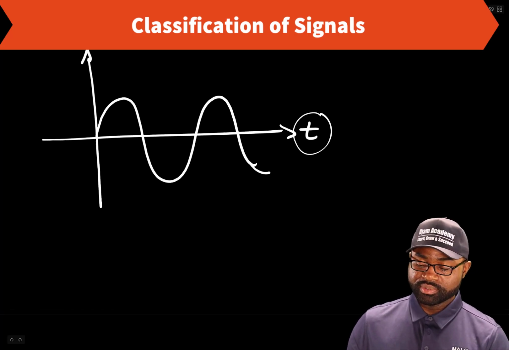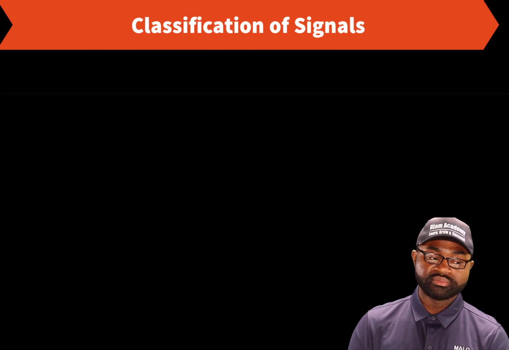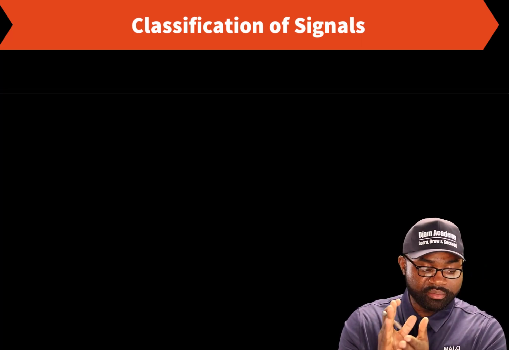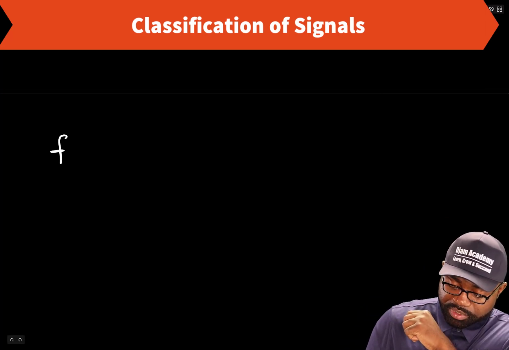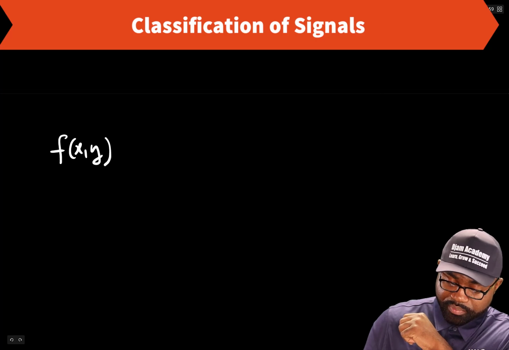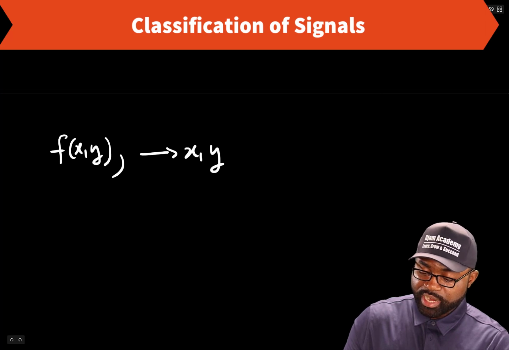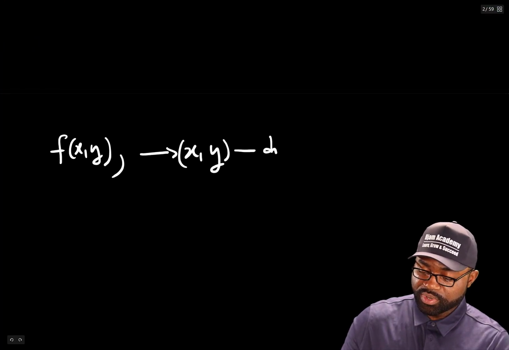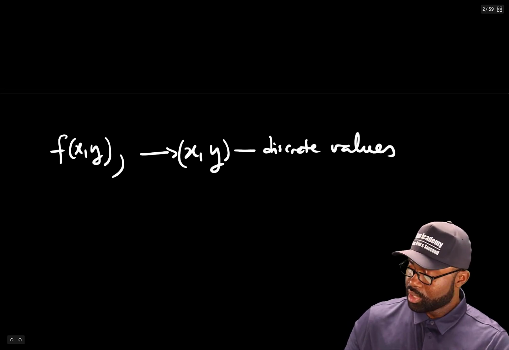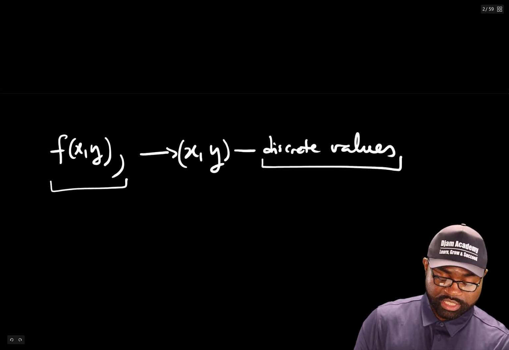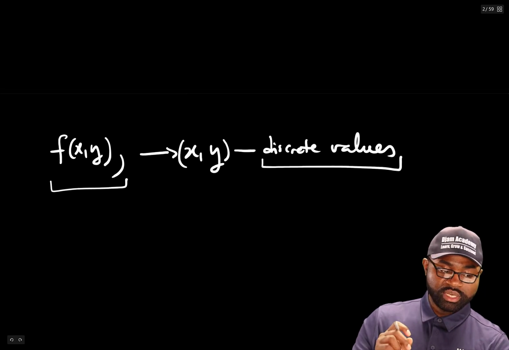Now, a discrete signal is only present at discrete points in time and in space. Understand that a discrete signal is represented by a function of X and Y, but these independent variables can only take discrete values. That makes the function a discrete function, which defines a discrete signal.